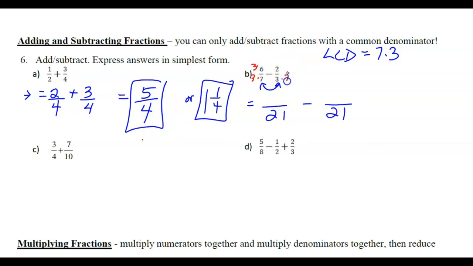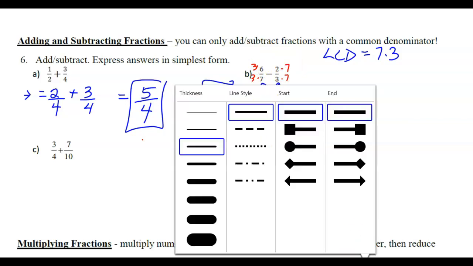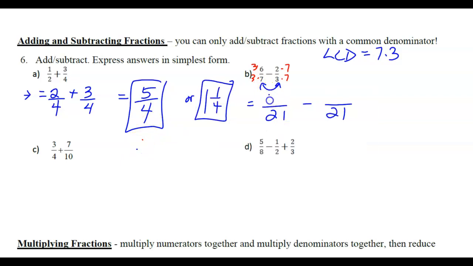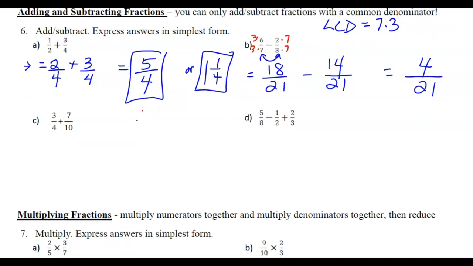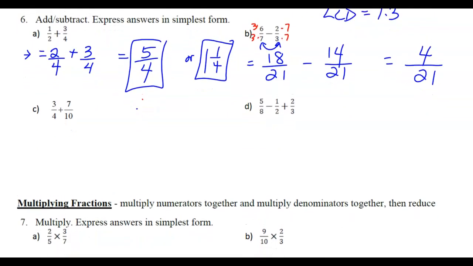Top and bottom here by 7. So now this is going to be 18 over 21 minus 14 over 21. And so my final answer will be 4 out of 21. And you can't reduce it. No common factors there. Okay, so that's my final answer.